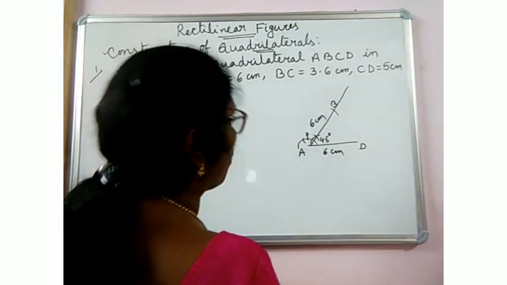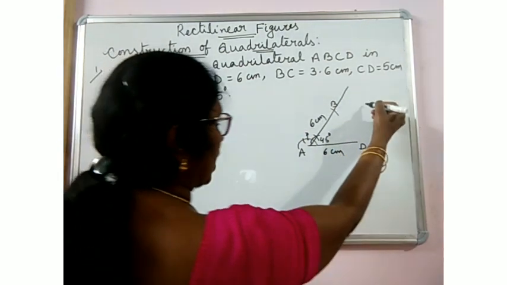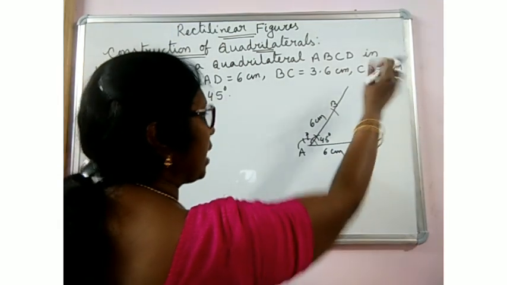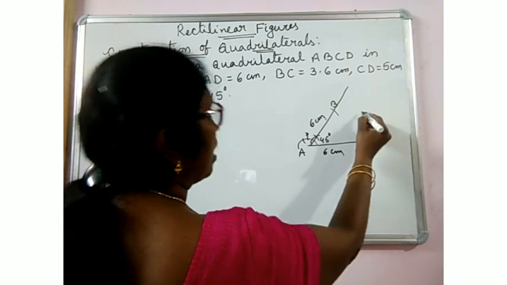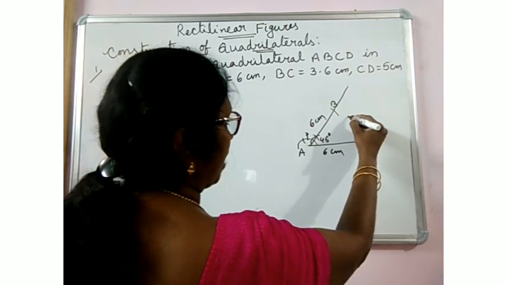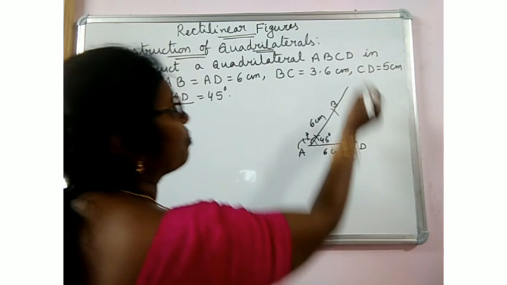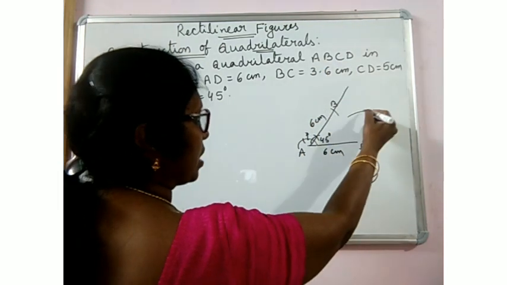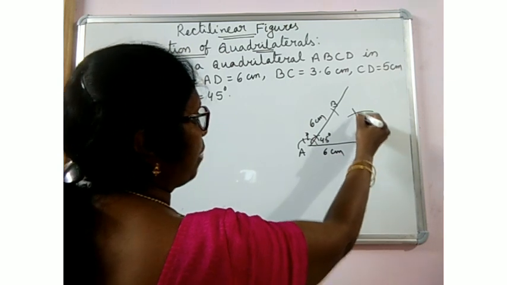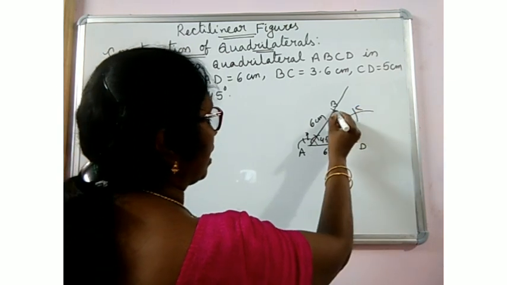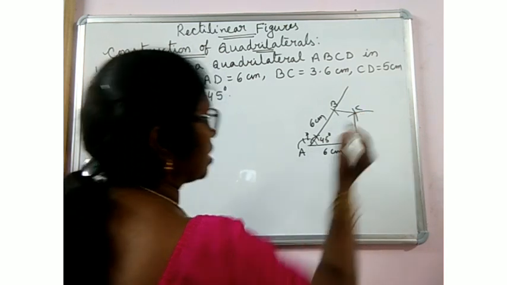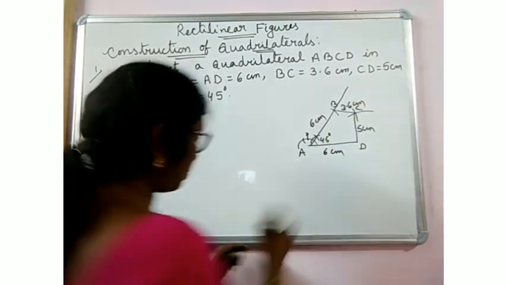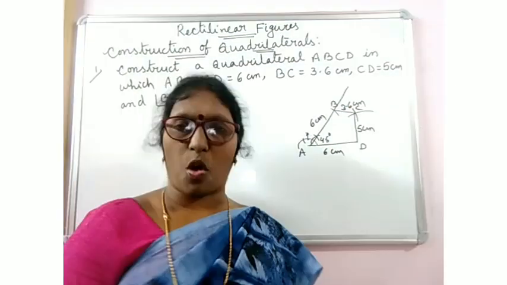BC is 3.6 cm, and C is somewhere on this side. CD is 5 cm, so from D give an arc of 5 cm. Then from B give an arc of 3.6 cm and name the point C. Join BC and CD. This is 5 cm, this is 3.6 cm. This is the rough diagram I have drawn.